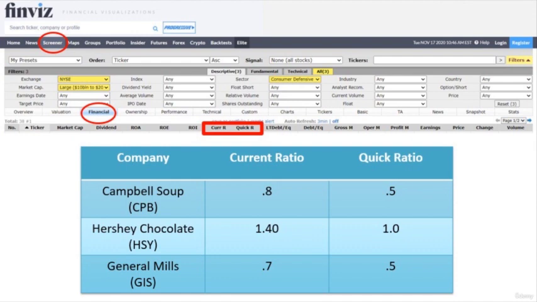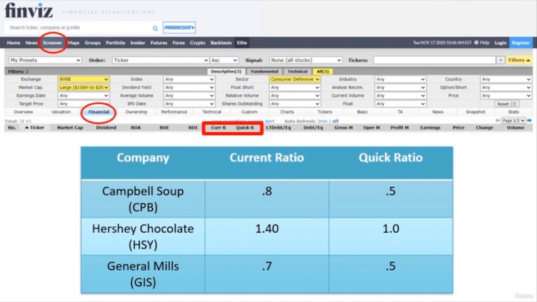Again, also talking about comparing within its industry, I happened to look up Nike, for example, just for fun. And Nike runs a current ratio of 2.50 and a quick ratio of 1.80. You think about that, they need more of a margin of safety for a consumer discretionary stock.